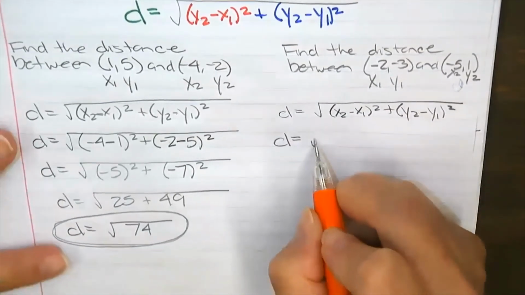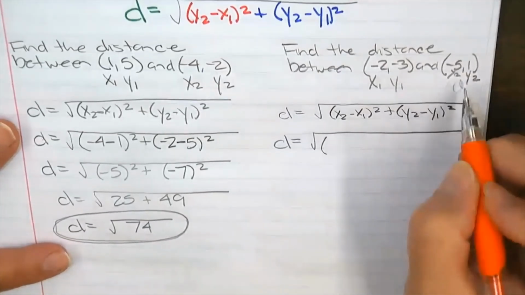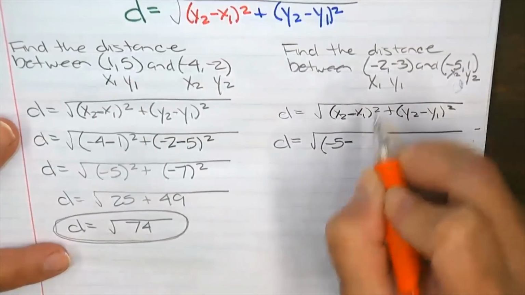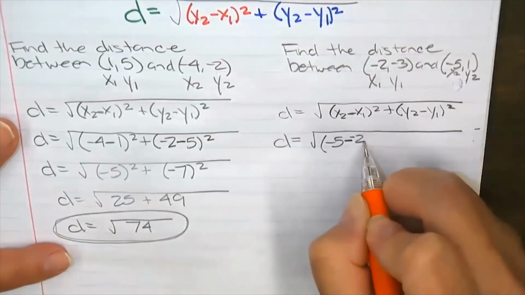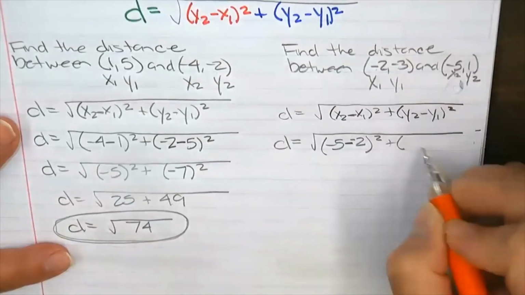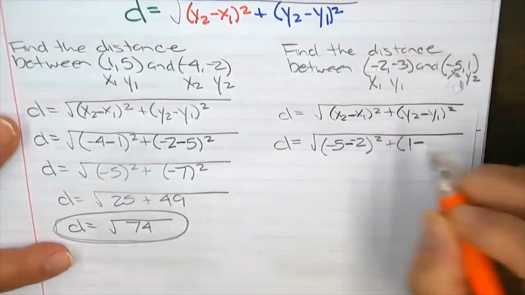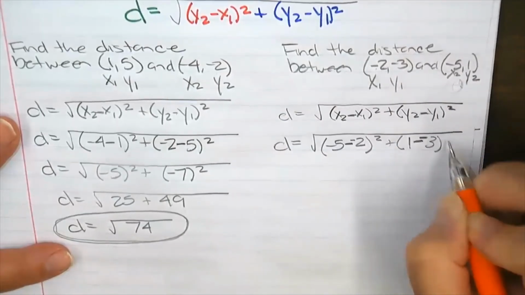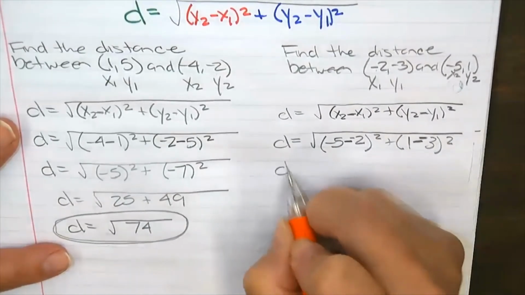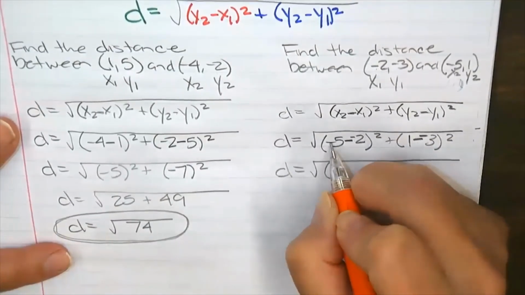D is equal to, distance is equal to the square root. Okay, X2 is -5 minus X1 squared plus Y2 is 1 minus Y1, which is -3 squared. Okay, distance is equal to -5.